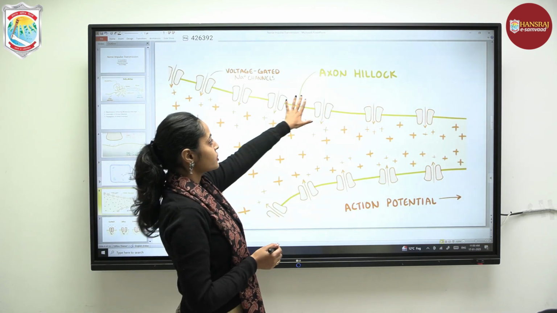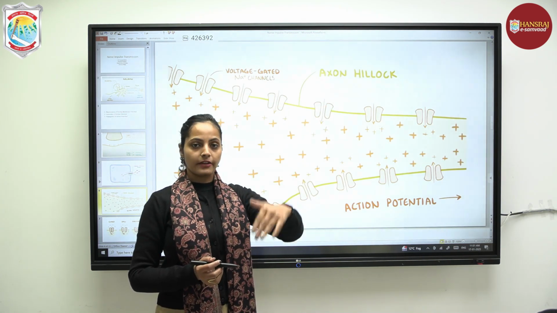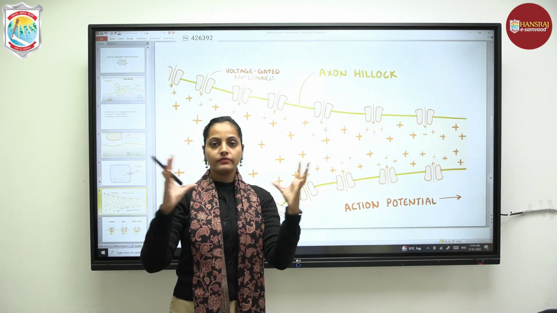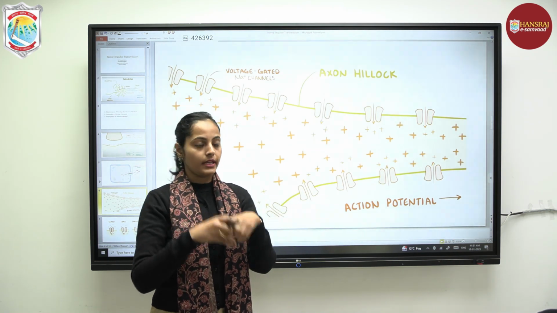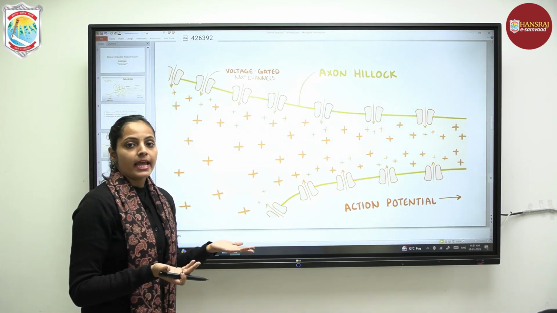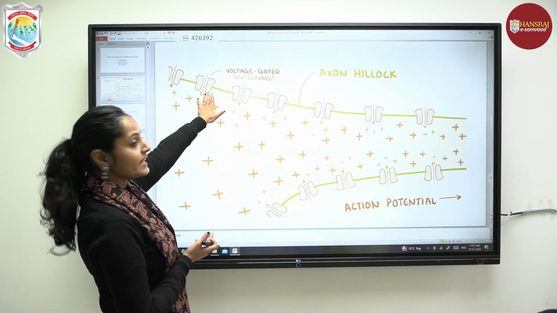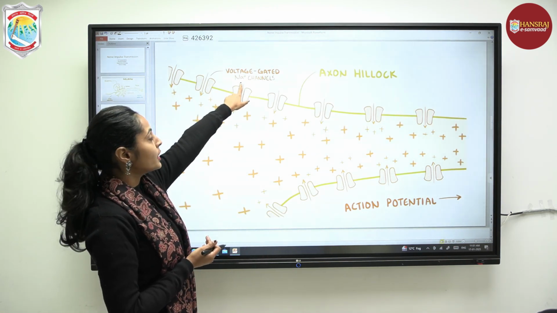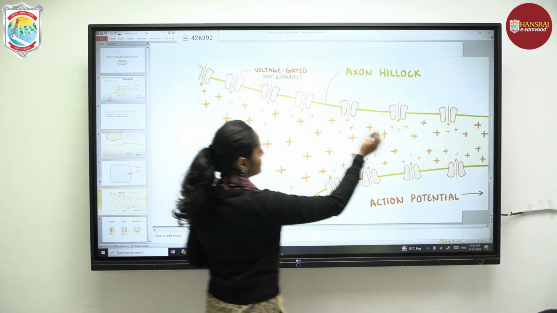Now, this region is known as the axon hillock, where the nerve impulses arrive. So dendrites will receive the impulses and all the impulses arrive first at the axon hillock. If we have an excitatory impulse or potential, that would lead to the opening of voltage gated sodium channels. Very important point over here.